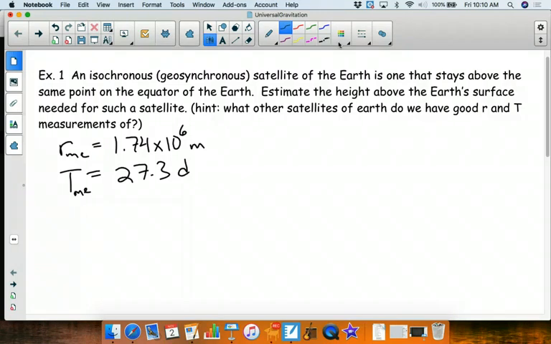Yes, the mean radius, not the radius of the object. So you want the mean distance from Earth, and if you notice for the moon, there's an asterisk and it says distance from Earth. So that's the mean radius of the moon.